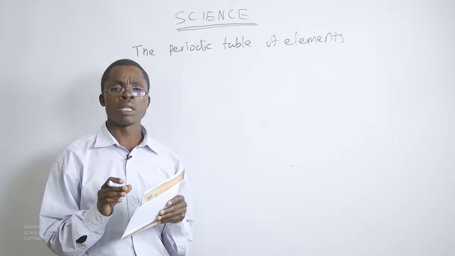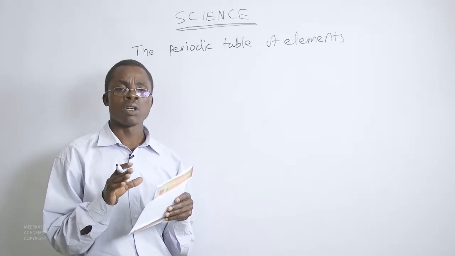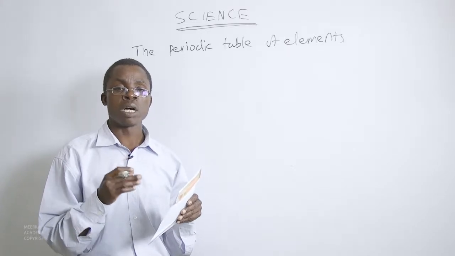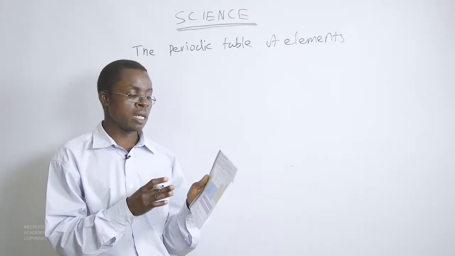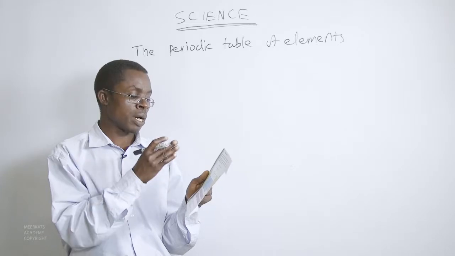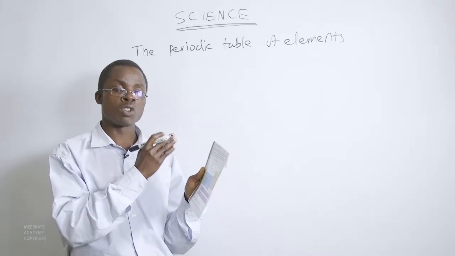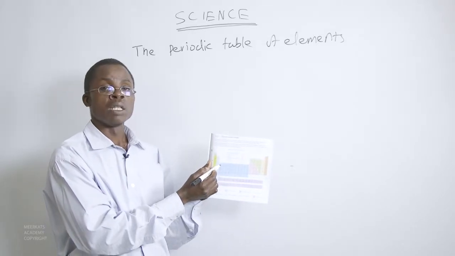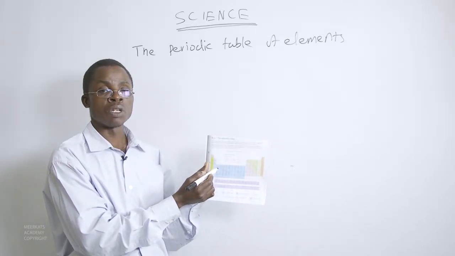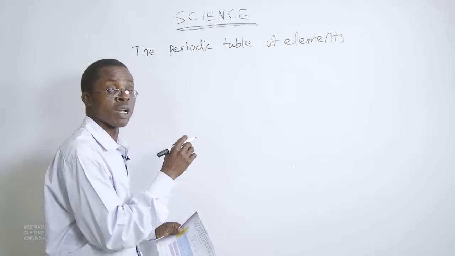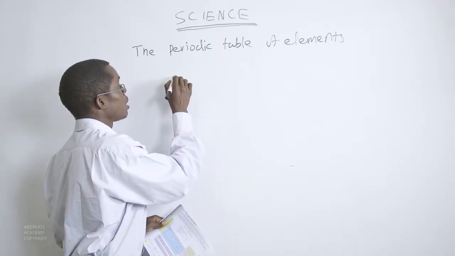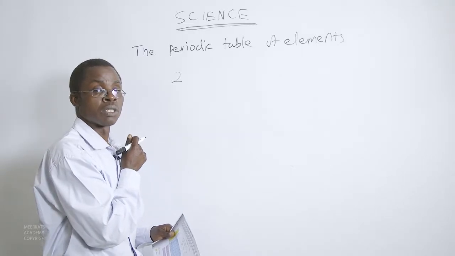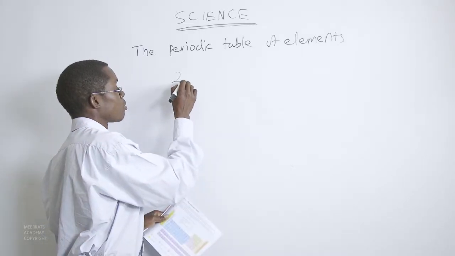So I want us to look at another additional electronic configuration, which is now going to help us arrange other elements past the atomic number 20. It is now from 21, and 21 is the beginning of the transition elements. So the electronic configuration we have seen is: the first energy level can take a maximum of 2 electrons. The first orbit takes a maximum of 2.